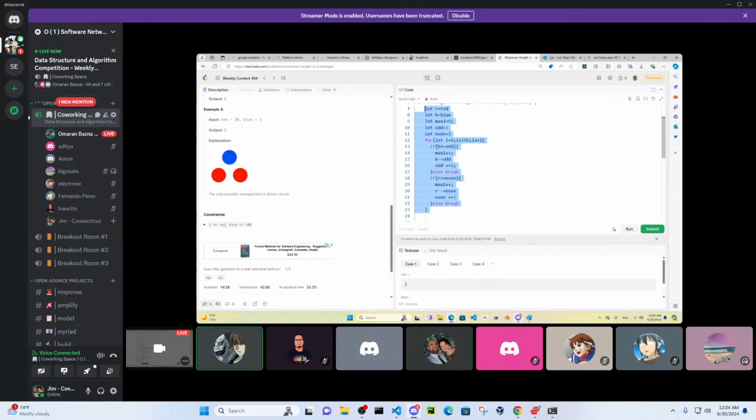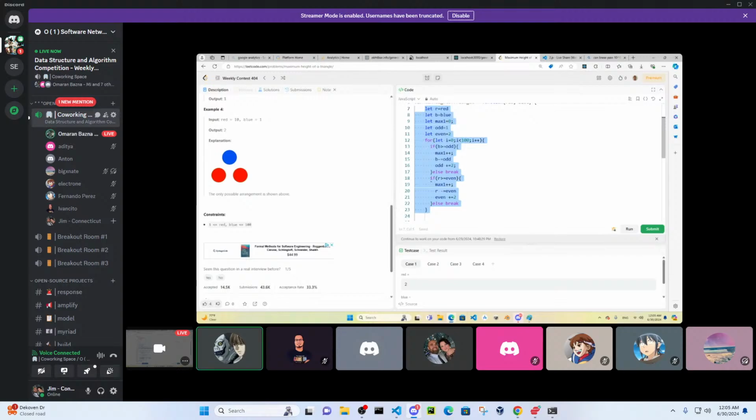If the variable b, which represents the number of blue balls, is greater or equal to odd, that means we can add another layer to the odd numbers. So we add 1 to max1, then we subtract odd from b, and then odd increases by 2 because odd is 1, 3, 5, 7. Else we break the for loop.